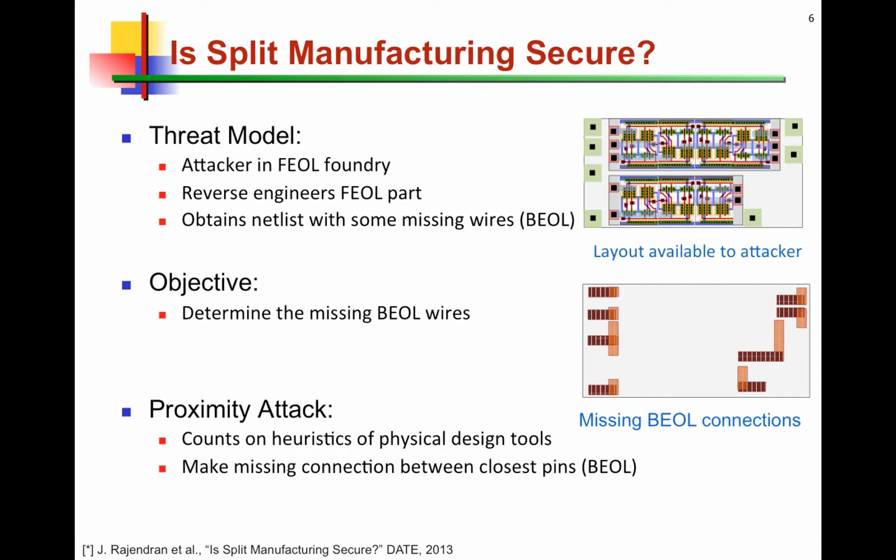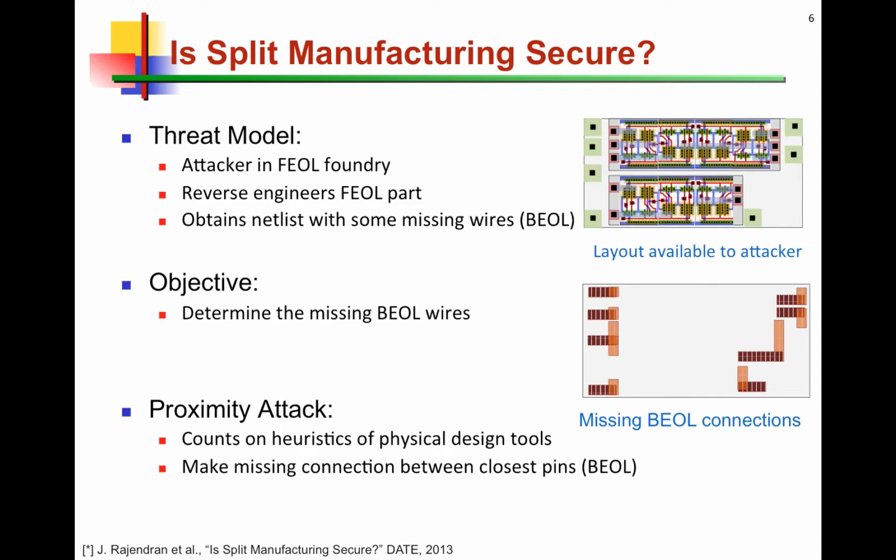Now we defined a very simple attack a few years back that we refer to as proximity attack, and the idea there is basically leveraging the way the physical design tool heuristics work. What the attacker can do in a proximity attack in the FEOL fab is simply make the connections between the closest pins.